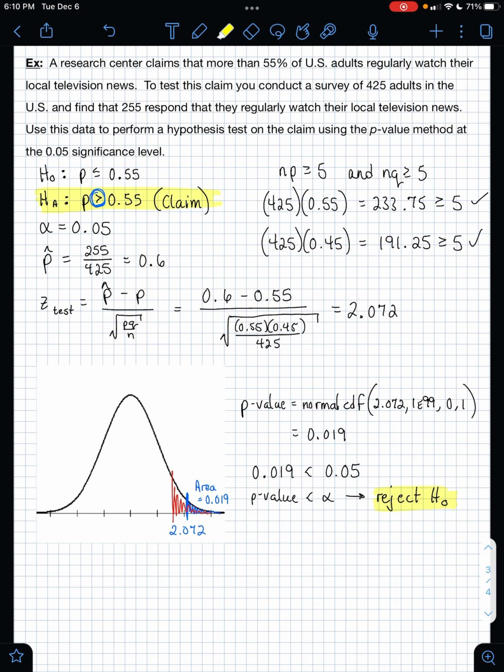So what we would say here is that there is enough evidence to support the claim that the probability is greater than 0.55.